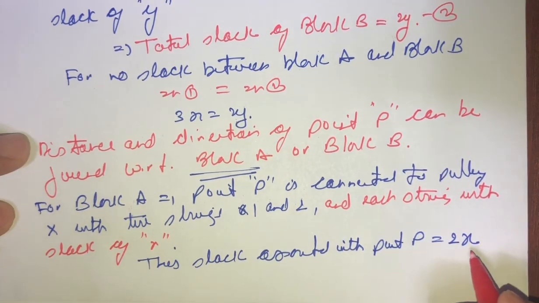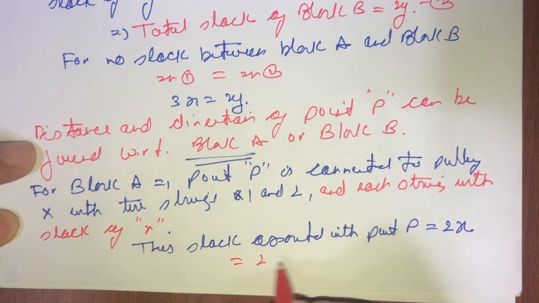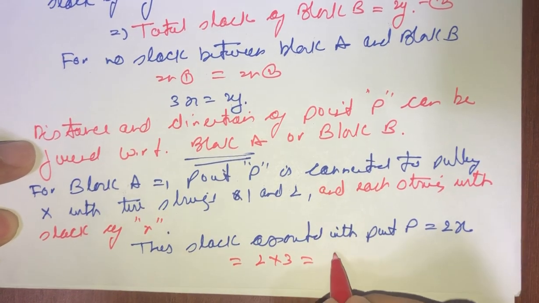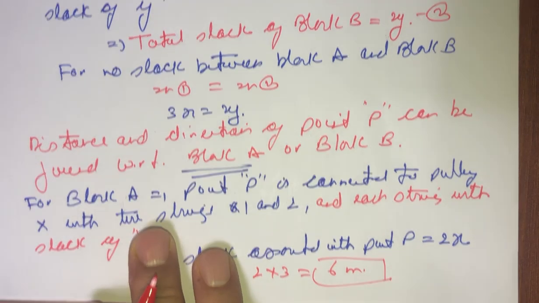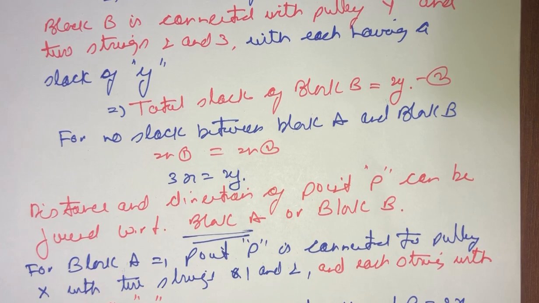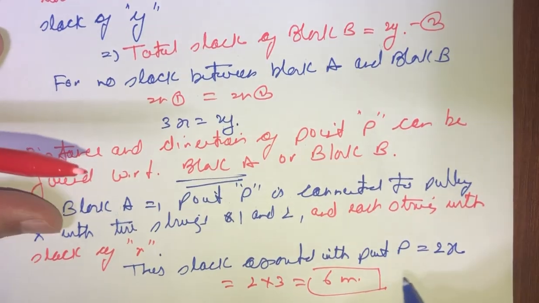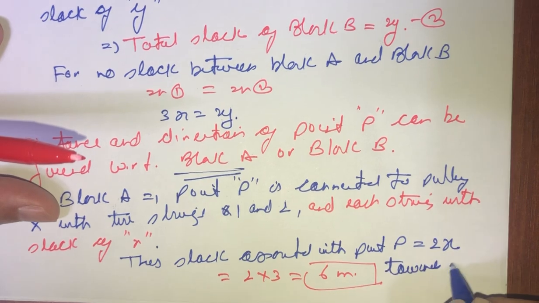So we put the value of x as 3, so we get 2 into 3, which will be equal to 6 meters. So point P moves by a distance of 6 meters, and it will be moving towards left.